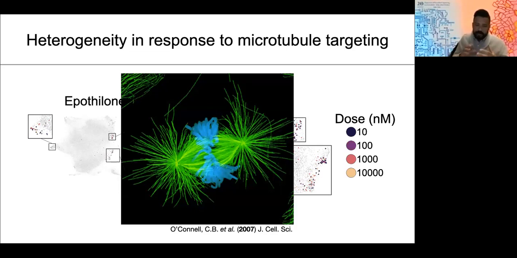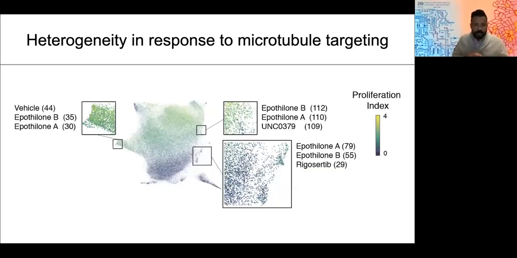So we hypothesized that perhaps part of this differential distribution is due to cells responding differently at different stages of the cell cycle. So here I'm showing you that same UMAP embedding, but now every cell is colored by an aggregate score of the levels of genes that are associated with proliferation, or proliferation index. So if a cell is more yellow, it's expressing higher levels of genes associated with proliferation and growth.